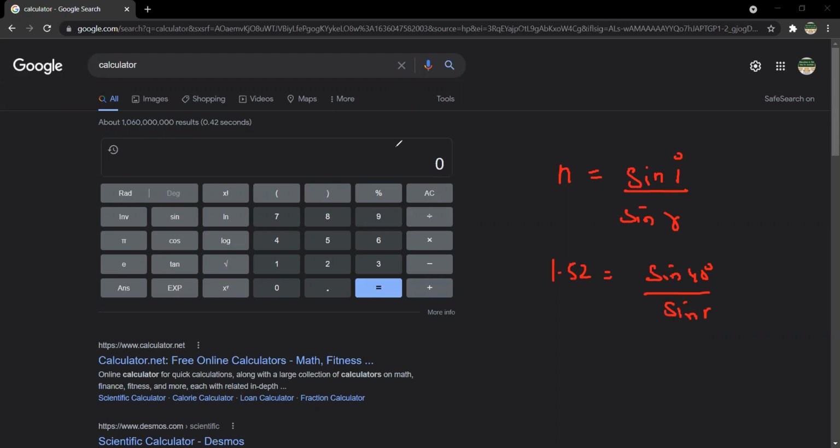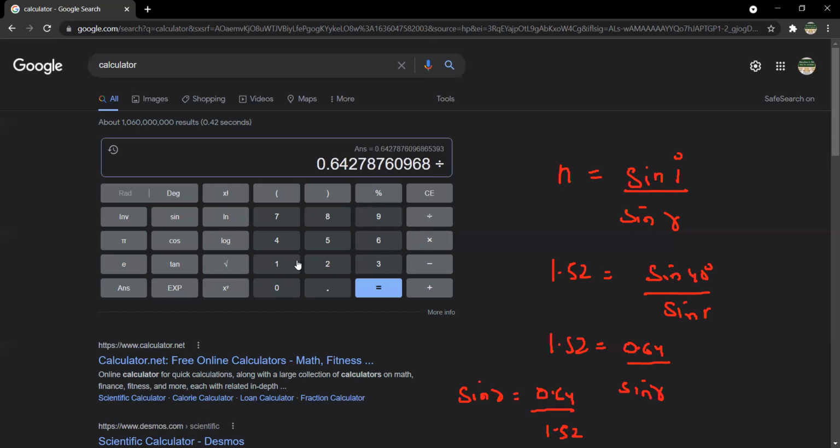What is the value for sin 40? We should take in degrees. So sin 40 is 0.64. So 1.52 equals 0.64 divided by sin r, or sin r is equal to 0.64 divided by 1.52, which is 0.422.